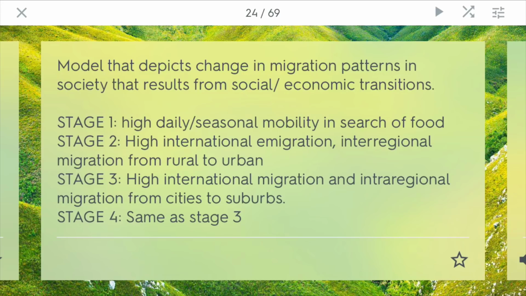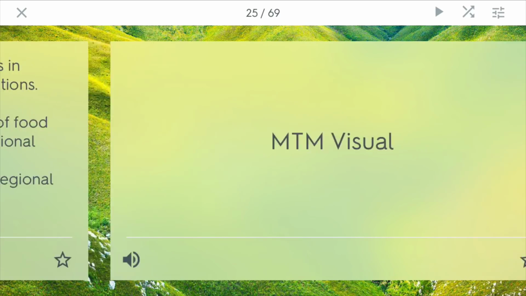They might move from different west to east parts of certain continents, and they might move from different cities to suburbs or vice versa because new opportunities are arriving and they've reached that stage where they need to try these new methods. And stage 4 is basically the same as stage 3.